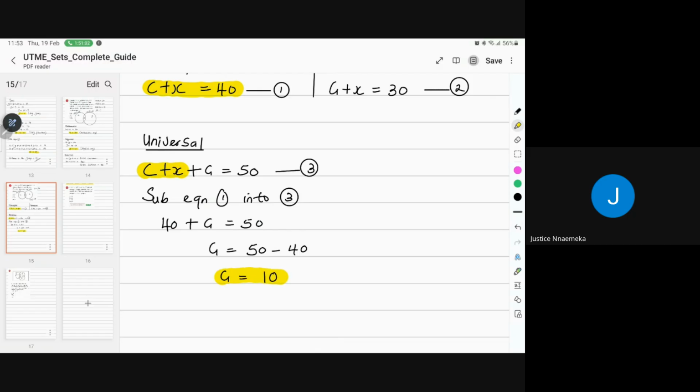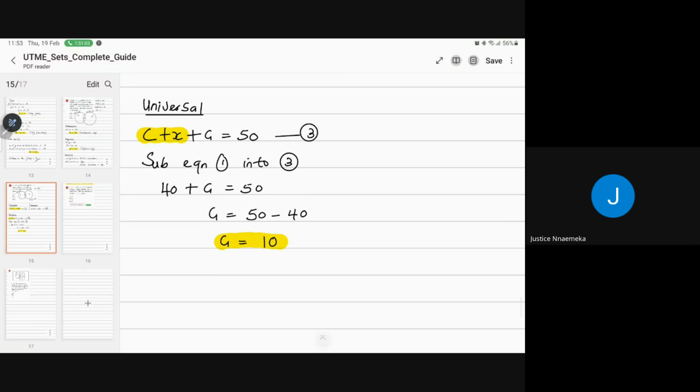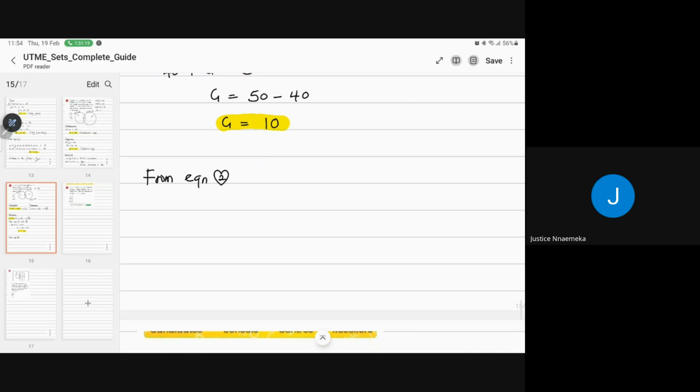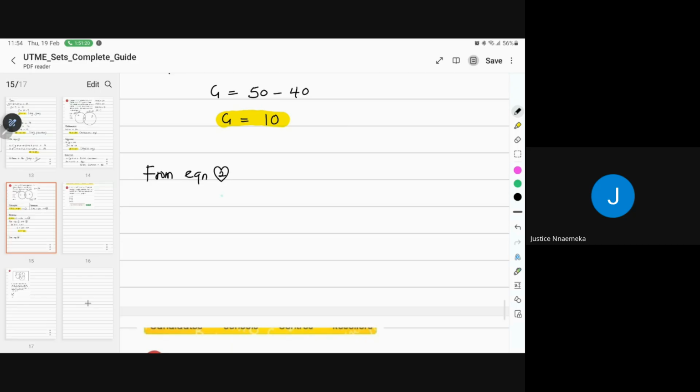Now, from equation 2, we have that G plus X equals 30, right? So it means that 10 plus X equals 30.